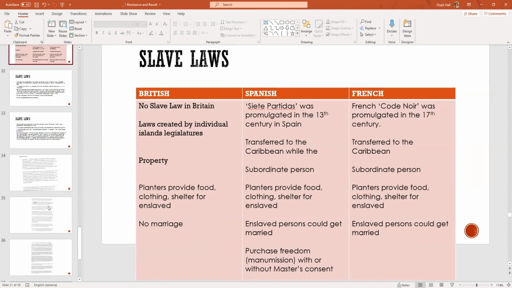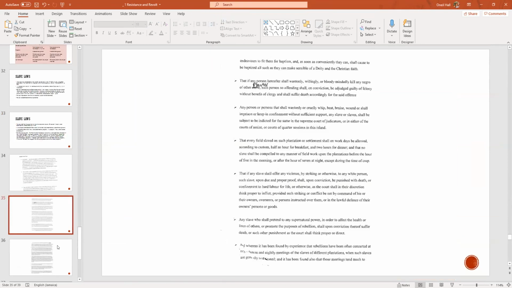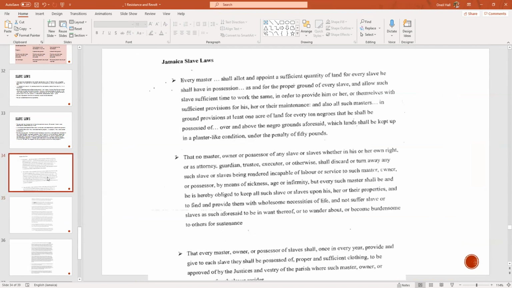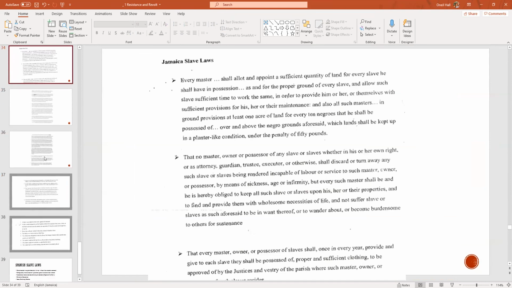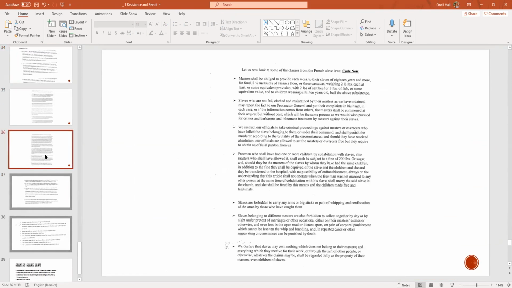Could you purchase your freedom in the French territory under the Code Noir? Who did the French slave laws?